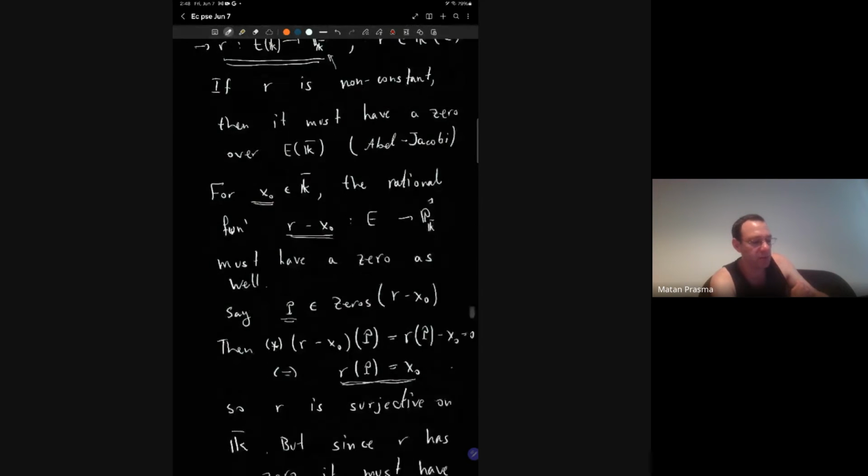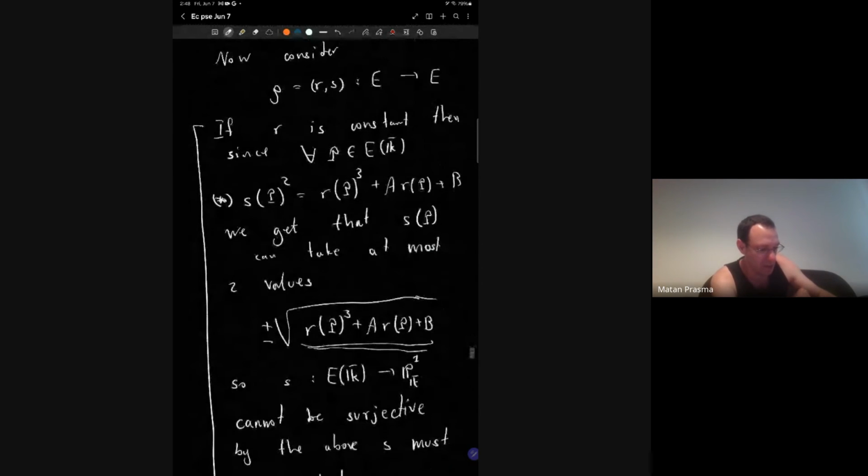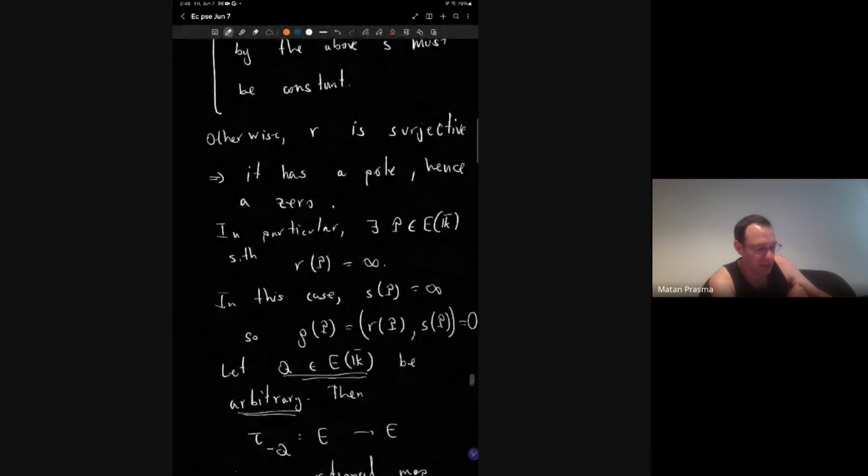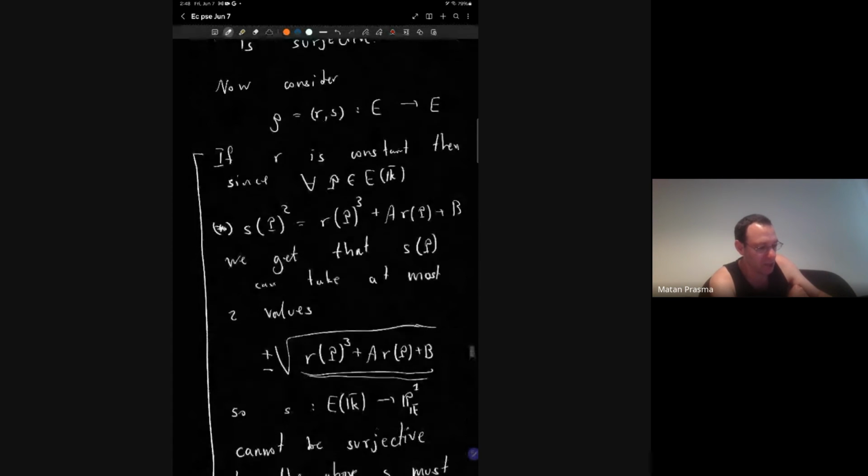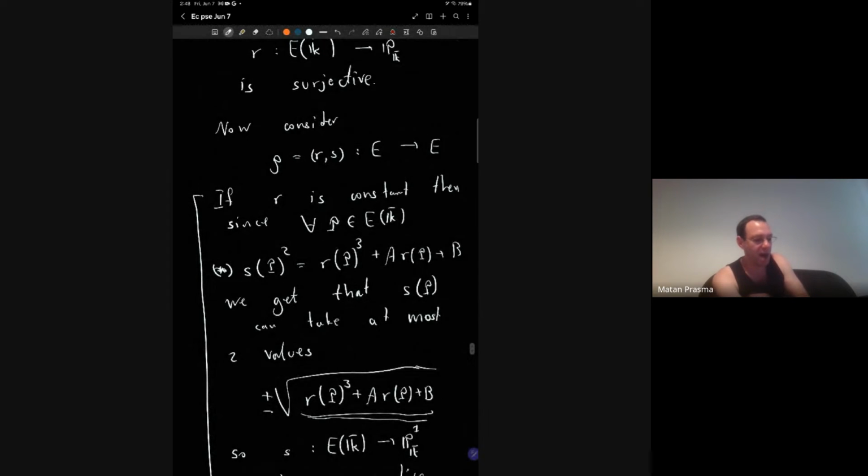Now we move to the general claim. Here starts the general claim. I consider a rational map. It has two coordinates, R and S. Now I look at the first coordinate R, and I claim that if the first coordinate is constant, then the second must be constant as well.